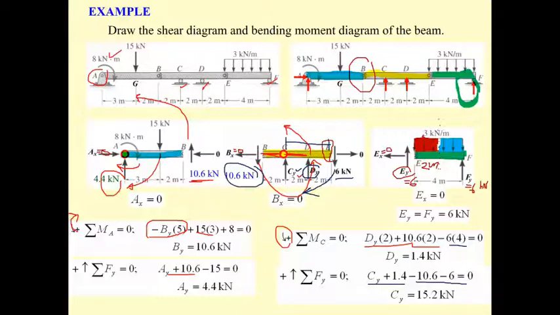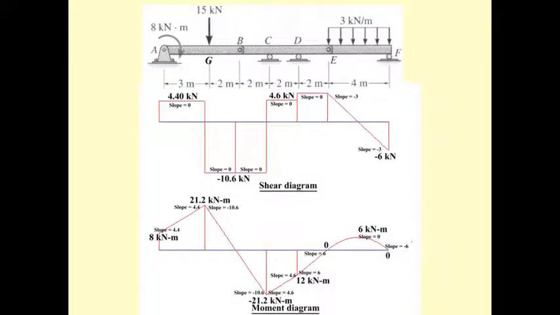Okay, and we are ready to draw the shear diagram. Let's take a look at this. When we draw the shear diagram, we will see the problem. We have the reaction 4.4 here, so the shear here goes up 4.4.